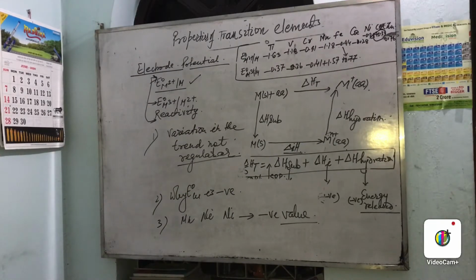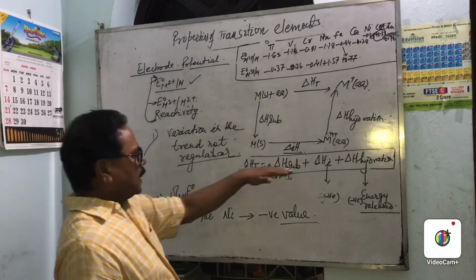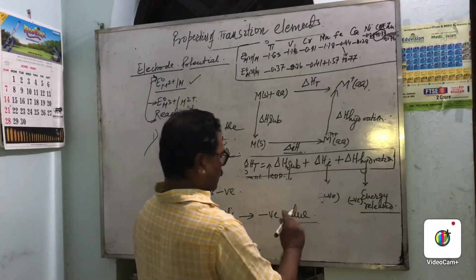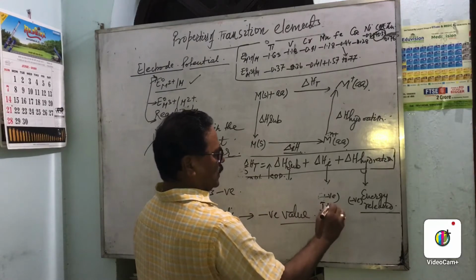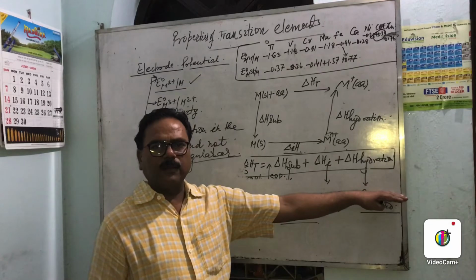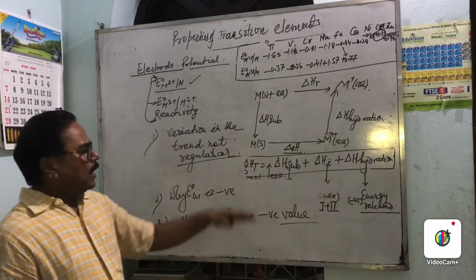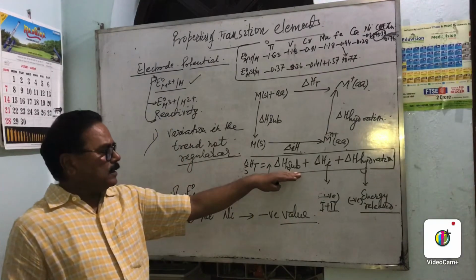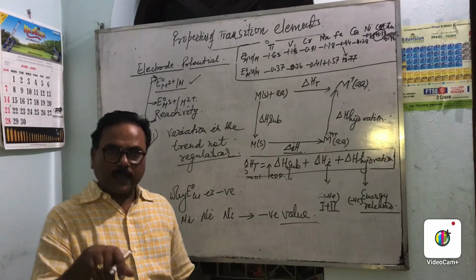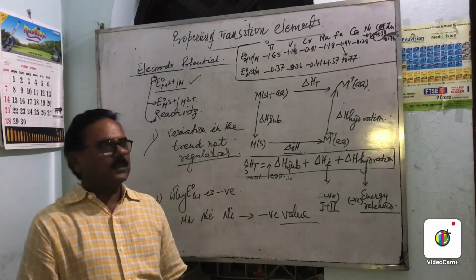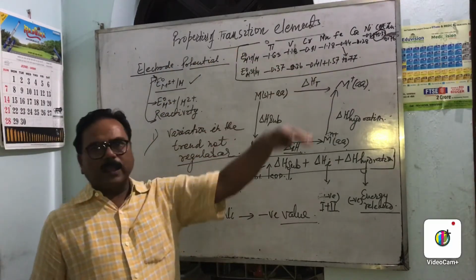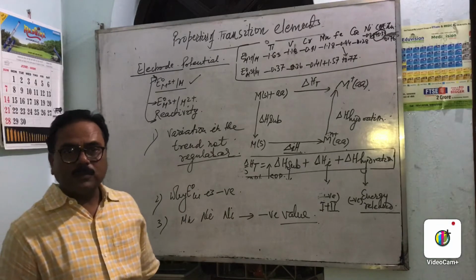This depends upon three factors: enthalpy of sublimation, the sum of ionization energies, that is ionization energy 1 and ionization energy 2, and the hydration enthalpy. Because the enthalpy of sublimation and the ionization enthalpies are not regular, that's why E0 of M2+/M is not regular.